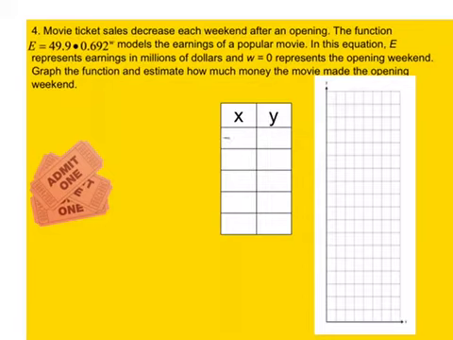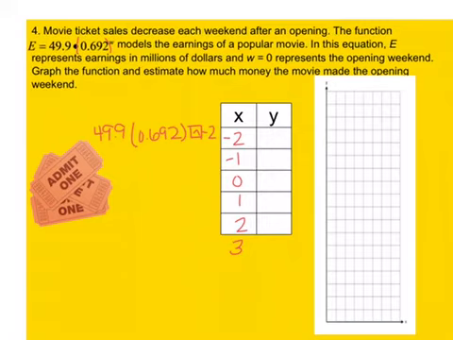So we're still going to do our -2, -1, 0, 1, 2, 3. And we're going to plug those values in up here. So I'm going to have 49.9 times, and we can also write that as parentheses, 0.692, caret key, -2.